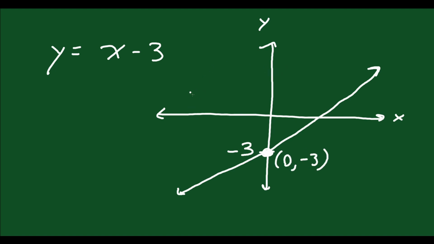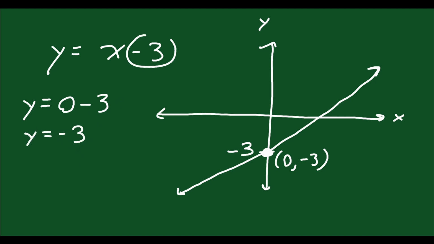If it was a line that was going like this, up here at 2, that point would be (0, 2), right? Because the x value of that point is 0, because it's on the y-axis. So if you plug in 0 for x, y equals 0 minus 3, you get y equals -3. That's the reason why we can just say, oh, that's the y-intercept, right? And so no matter what number you have here, that's going to represent your y-intercept. You can plot that point and then draw your line.